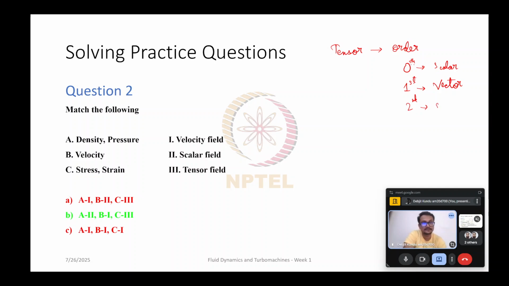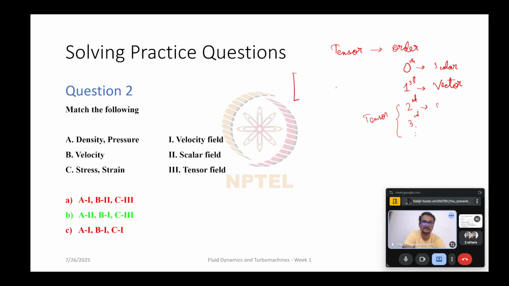These two, 0 and 1, have specific names, scalars and vectors, because they are very common. Now, second, third, fourth onwards, they are all termed as tensors, and their order is mentioned. So the stress and strain belong to a class of tensors which are of second order.